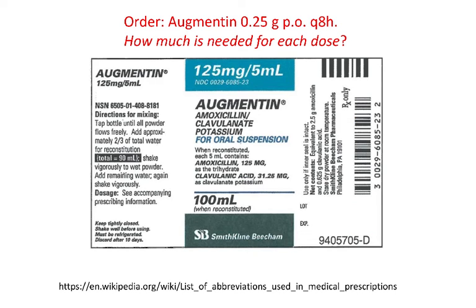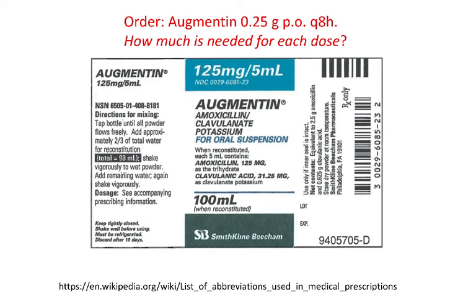Here, Augmentin. It's a similar amoxicillin clavulanate potassium suspension, but it's a little bit different concentrations, different constitution. So here, the order would come in: give your patient Augmentin 0.25 grams PO Q8H. How much is needed for each dose?